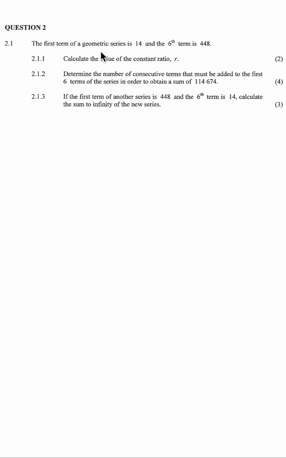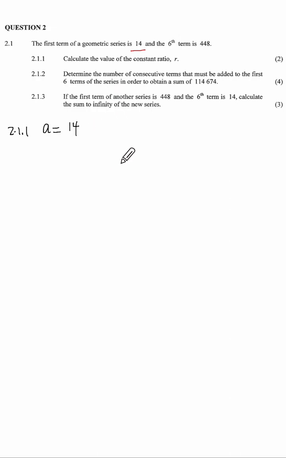So we know that in series, the first term, which they say here is 14, we normally represent by a. So in our case, for 2.1.1, a, which is the first term, is 14.